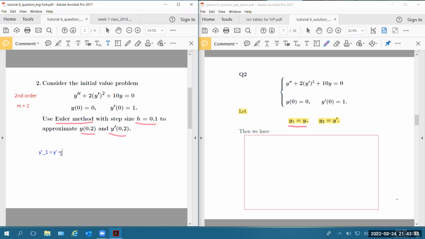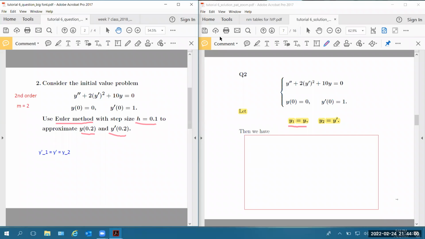I'm not going to write y prime anymore because I already changed the dependent variable. Everything is just y1, y2. So my y prime, I'm going to write as y2. So I actually get my first equation already: y1 prime equal to y2.